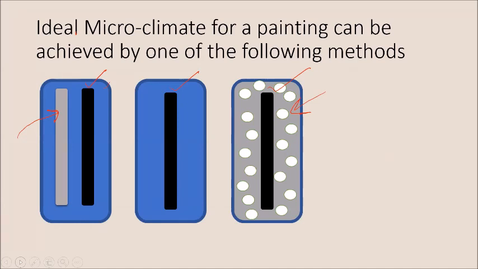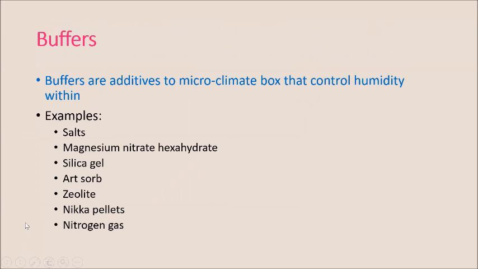But in any case, I'll explain it again: the painting with a buffer material, the painting without any buffer where the frame or the box itself acts as the regulating material, and third, we can introduce some inert gas.